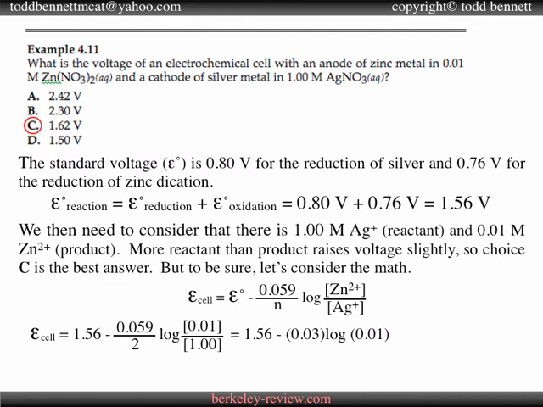So it becomes 0.03 times log of 0.01, which is log of 1 over 100, which is minus 2. So 0.03 times minus 2 is going to be minus 0.06. The minus is going to cancel out and become plus. So you end up with 1.56 plus 0.06 for a final voltage of 1.62 volts.